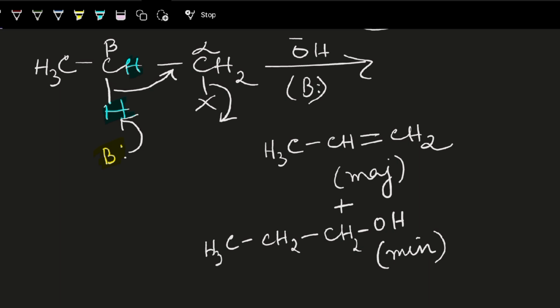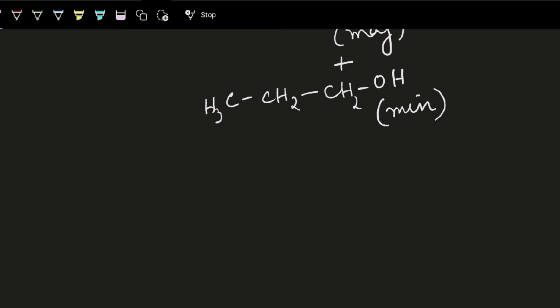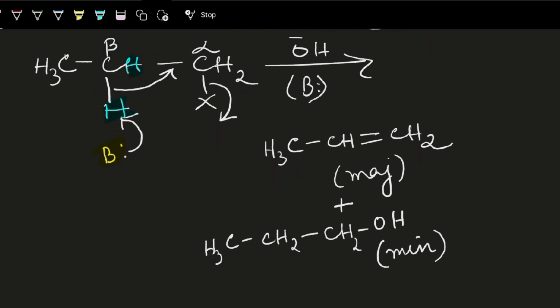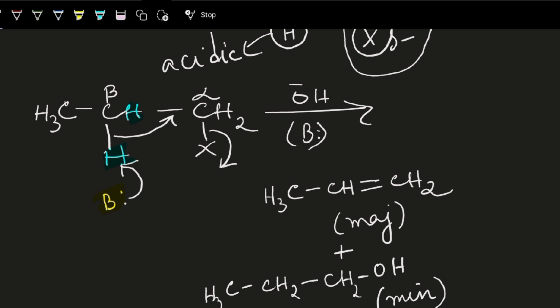Now the question arises, if I have more than one beta hydrogen, like here we had more than one beta hydrogen, but both the hydrogen were of same type. These two hydrogen were of similar type. In this case, either of them can be released.